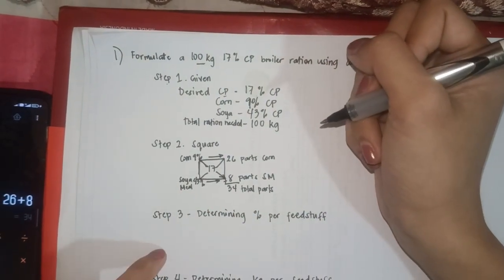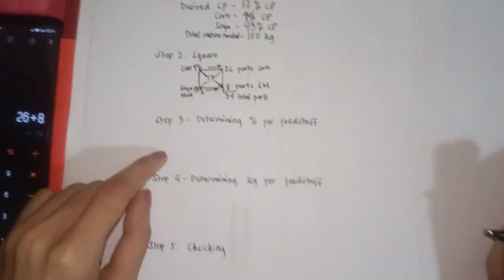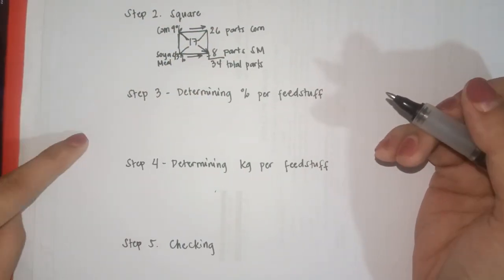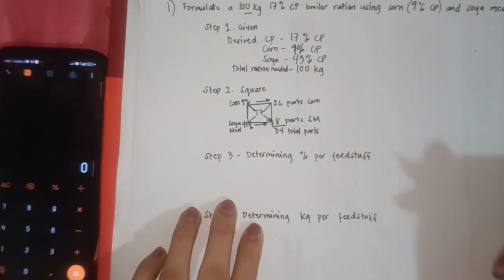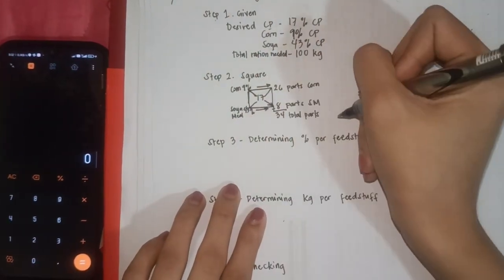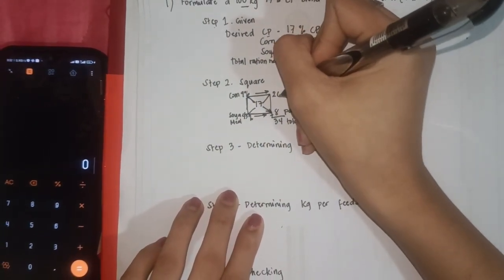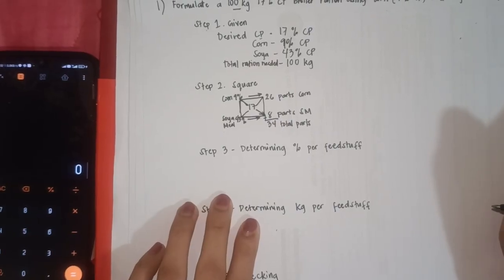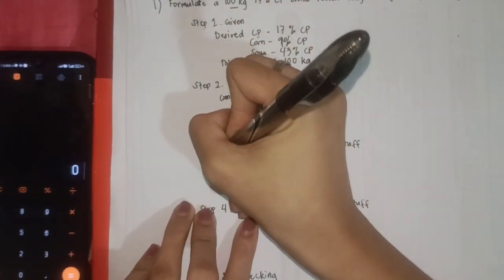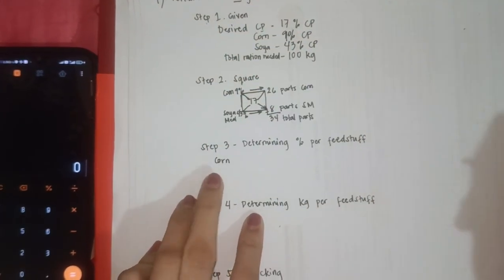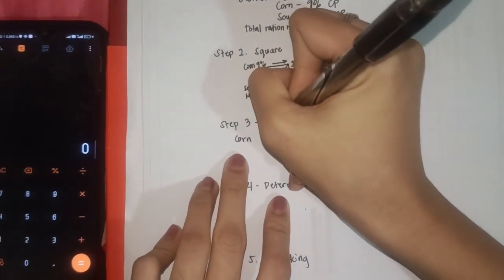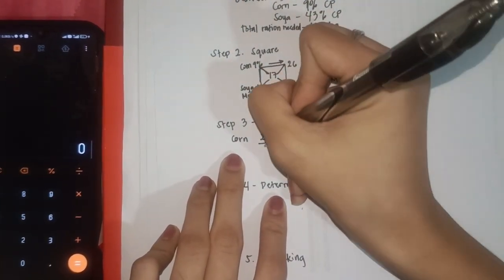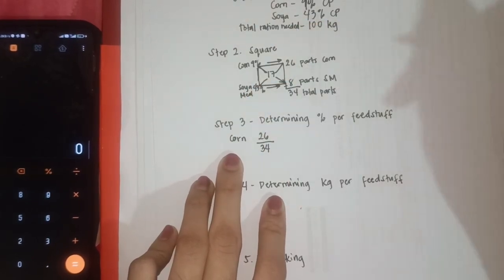Now let us proceed to determining the percent per feedstuff, now that we have all the parts sorted out from the previous step. The next step involves dividing the parts per feedstuff by the total parts and then multiplying by 100 to get the percentage. For corn, we know that 26 is the part for corn, so we divide it by the total parts.